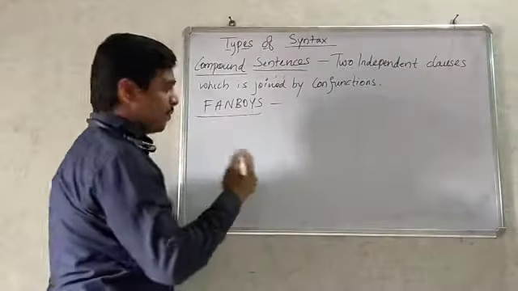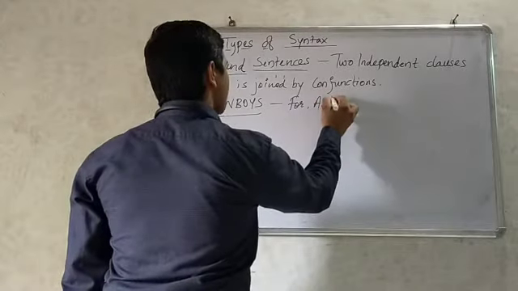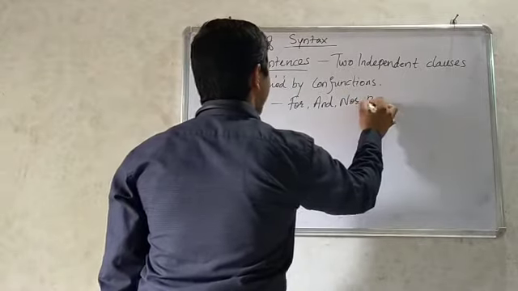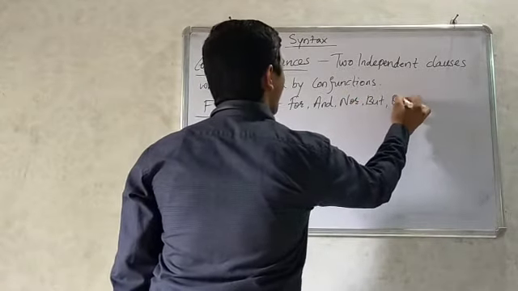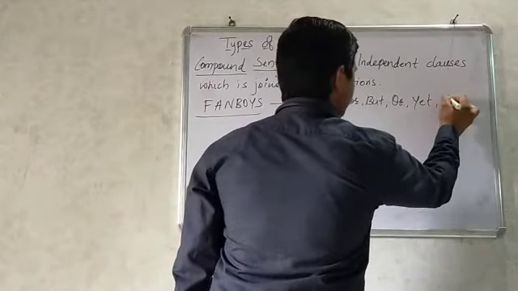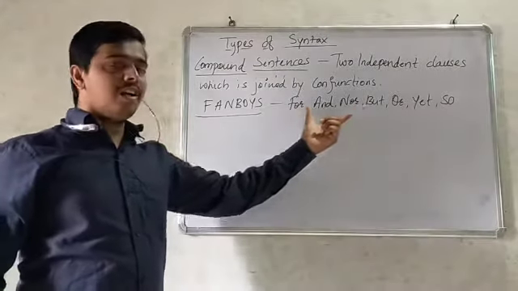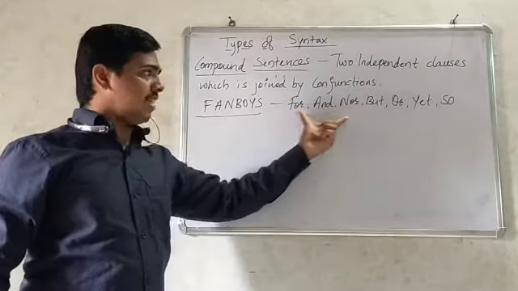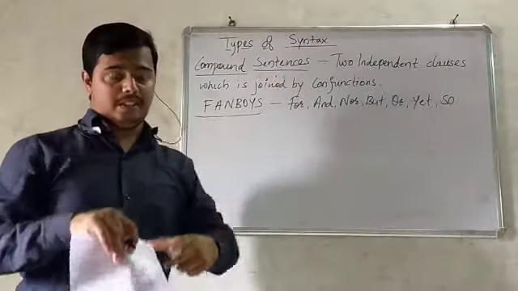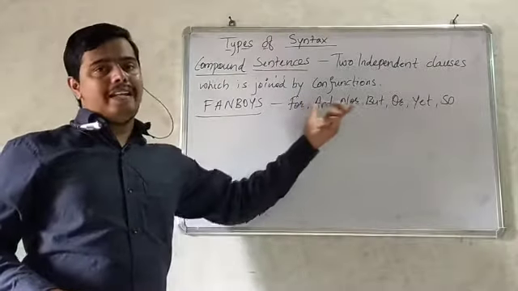F stands for for, A stands for and, N is nor, B for but, O for or, Y for yet, and S for so. So these are the major conjunctions. Through these conjunctions, compound sentences are joined together. So let us try to understand through examples.